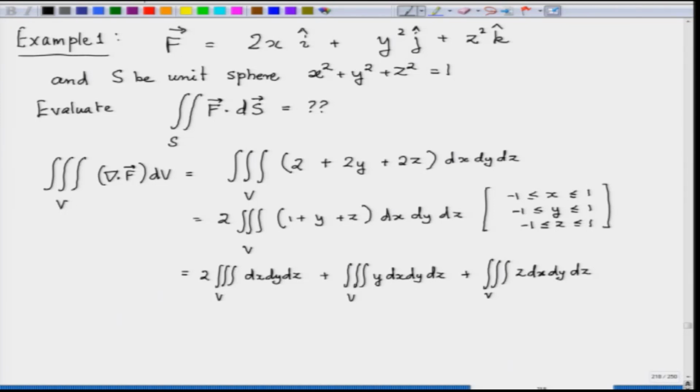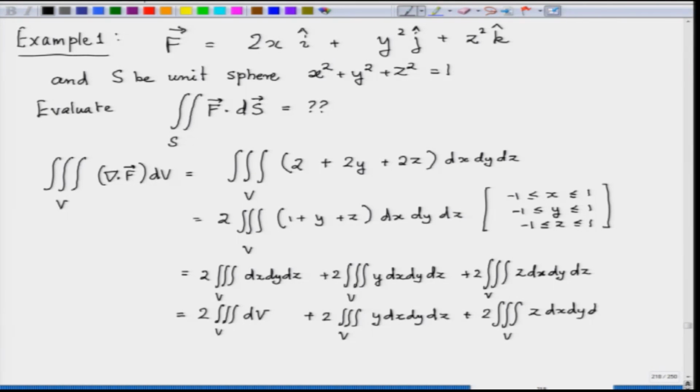Now, I know what this integral is. It is 2 times integral over V of dV, so 2 times the volume of V it will become. There is a 2 everywhere, sorry. 2 times now integral over V of y dx dy dz. See, once I can evaluate this integral y dx dy dz, I can evaluate the other one also. You can write W here instead of V if you want, it does not matter.